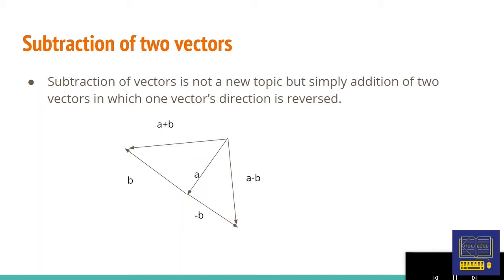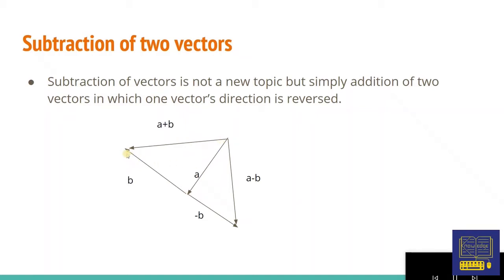Subtraction of two vectors. Subtraction of vectors is not a new topic, but simply addition of two vectors, in which one vector's direction is reversed. Now let's understand this by the given diagram. As you can see, this is vector A and this is vector B. If we want to add them, as we have learned in the previous slide, we can do this like this, right?